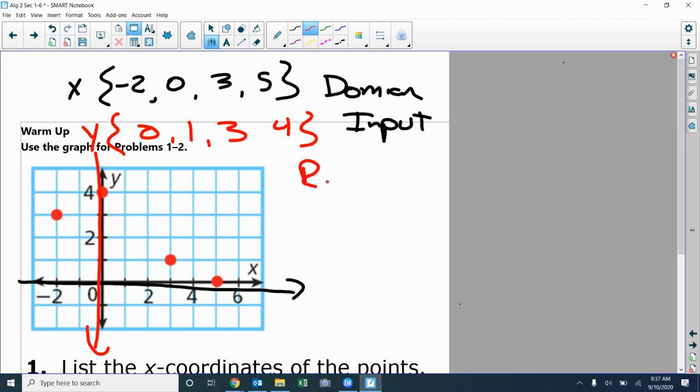This is our range, or our output. Range and domain, input, output.